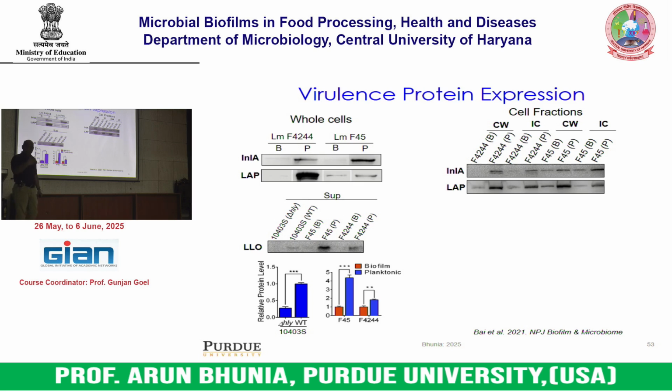If you look at the planktonic cell, it makes a large amount of this hemolysin, and if you look at the biofilm, look at this, they barely make any toxin. This is more like a protein level verification. And we talked about this Lap protein or internalin A protein. Also in planktonic, you will see high level. They are important virulence factors, right? And biofilm or sessile cells, they barely express.